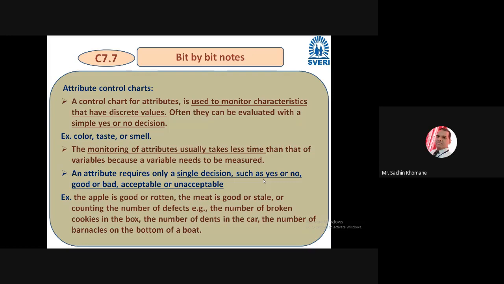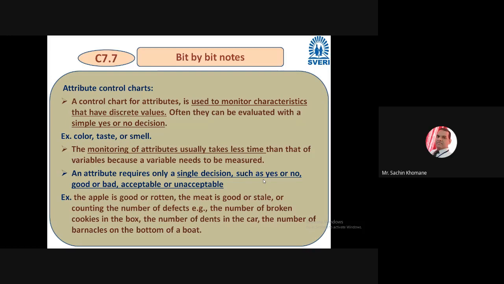But attribute control charts take very little time, because you just have to tell yes, if a smell comes it means something is burning, right? Like that. Taste is good or bad. In this, yes or no, good or bad, dark, light, like that. So here it takes very little time.